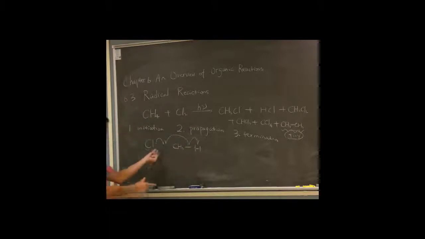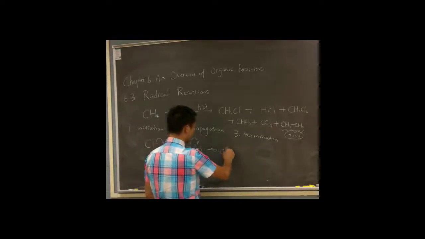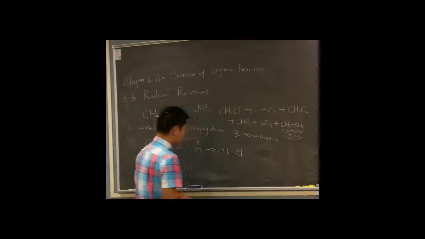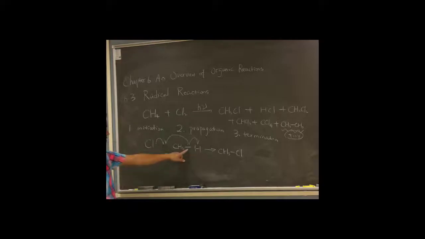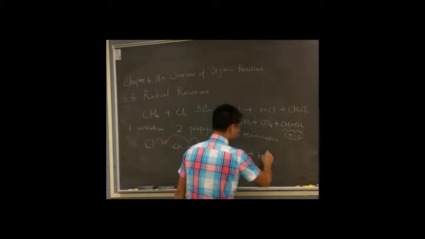Originally there's nothing. Now we move 2 electrons in the middle, so that means we will form a bond between the carbon and the chlorine, and that would be one of our products, methyl chloride. On the other hand, a single electron moves to the hydrogen, so hydrogen will acquire that single electron.